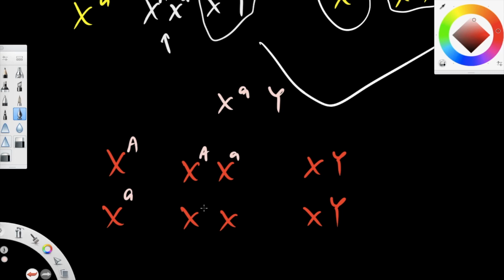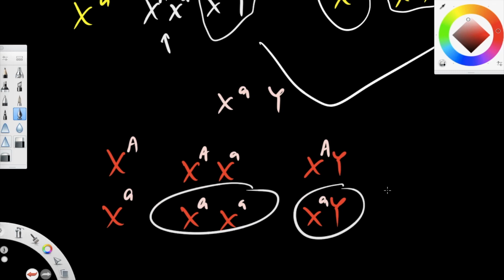Capital A, little a, little a, little a, capital A, little a. So in this case, the mother's unaffected, the father's affected, however, the sons are affected. And 50% of the sons are affected, 50% of the daughters are affected.